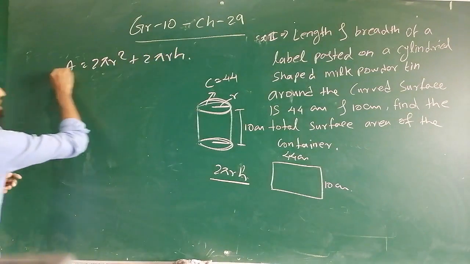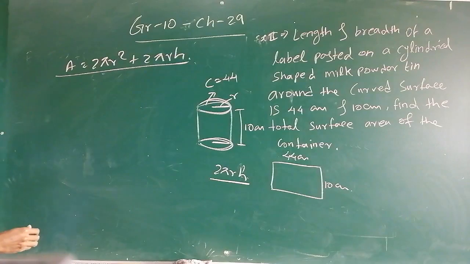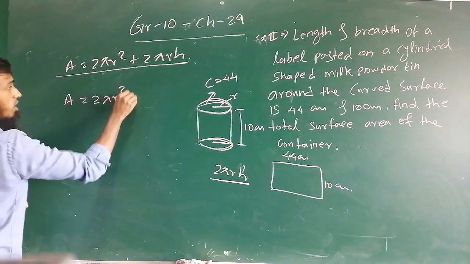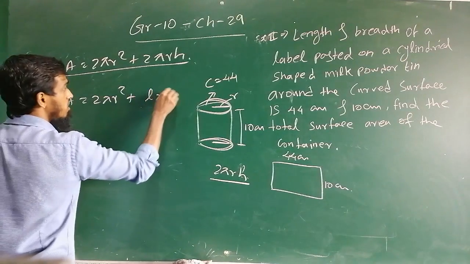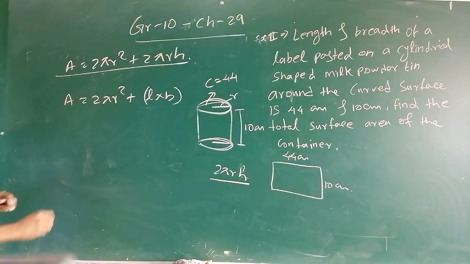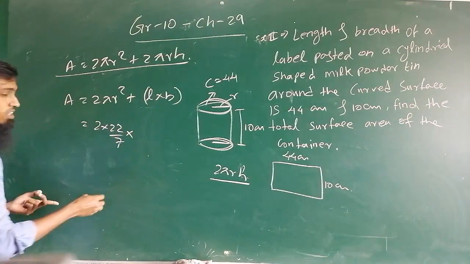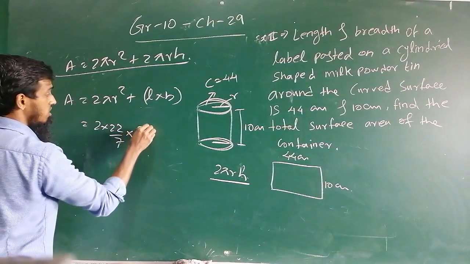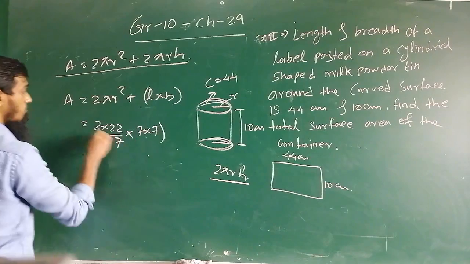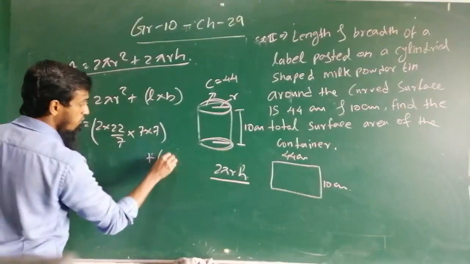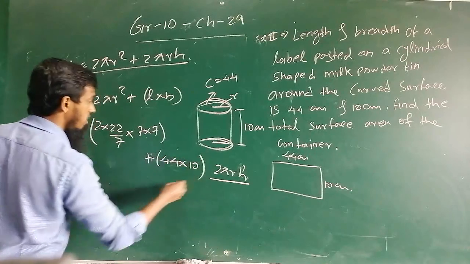I am using the other way: area equal to 2 pi r squared plus length into breadth. So 2 into 22 over 7, the radius we found is 7, plus the length into breadth, that is 44 into 10.